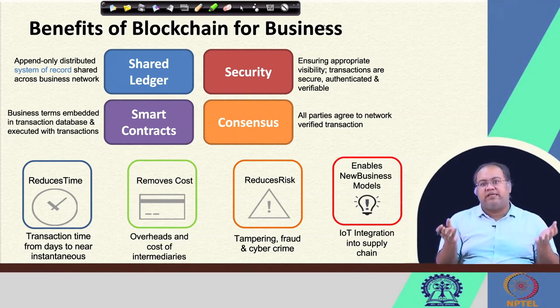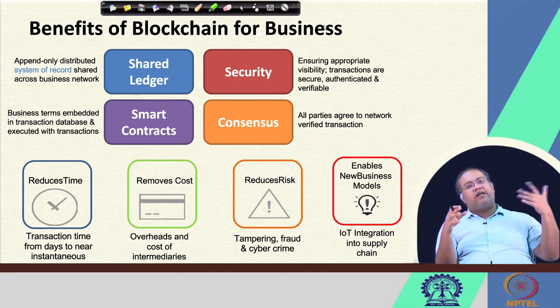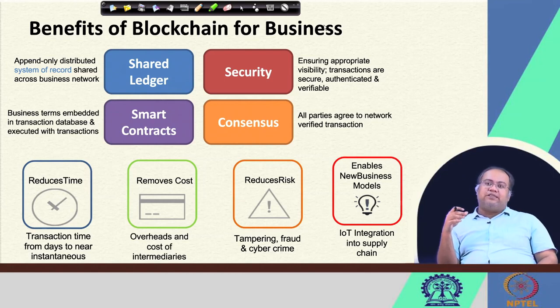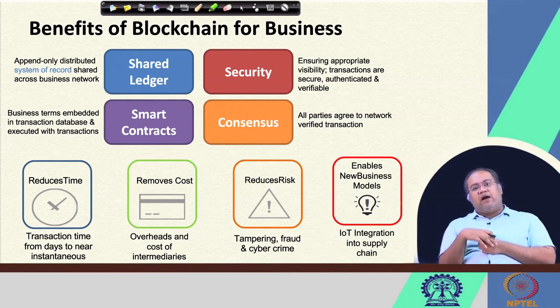So, you can possibly integrate an IoT system with your supply chain, where the IoT will continuously monitor the state of the individual products that are being supplied, and that information can get logged in the blockchain, which can possibly automatically trigger the smart contracts depending on the state of your product.